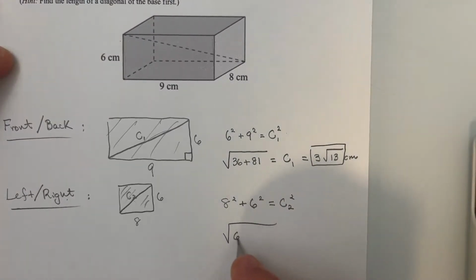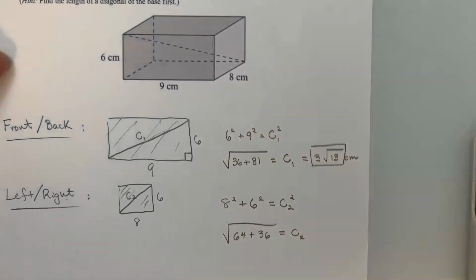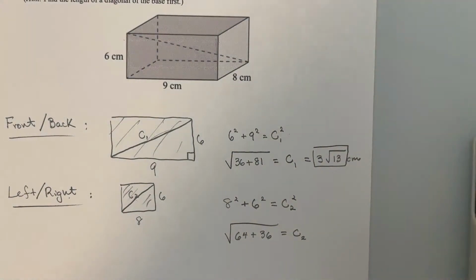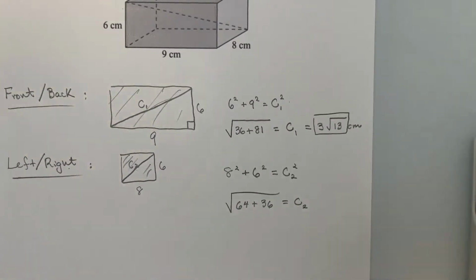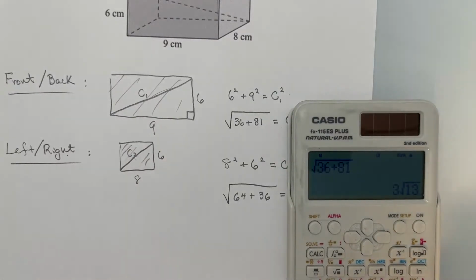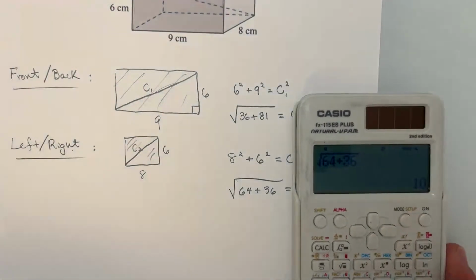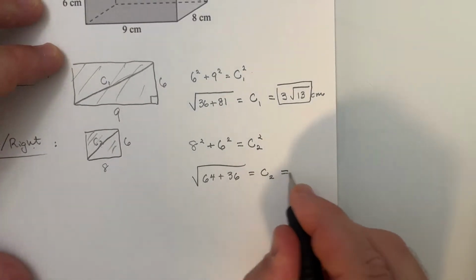The square root of 64 plus 36 is C2. And then just calculator again. But I can kind of see what this one is. 64 plus 36. Yep. So that would be 10.